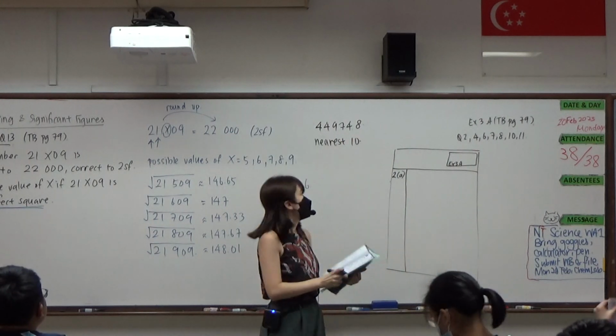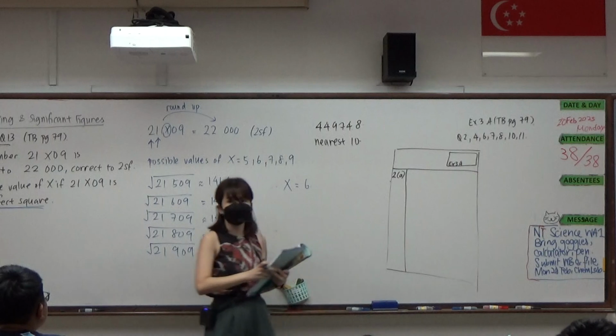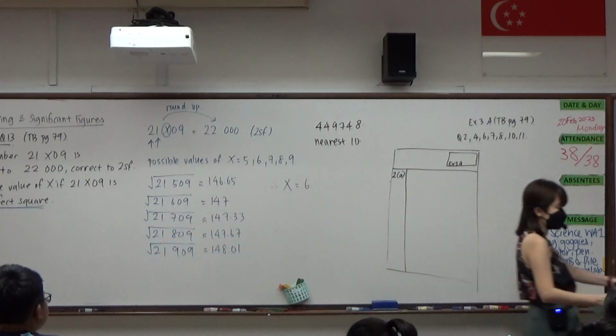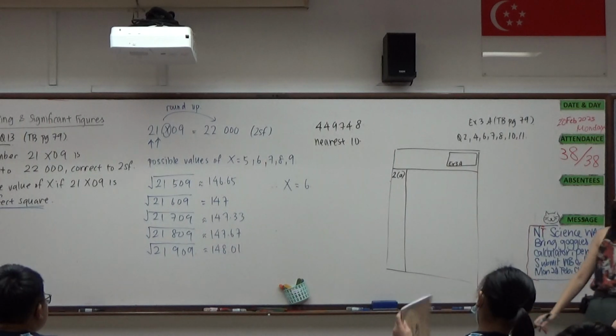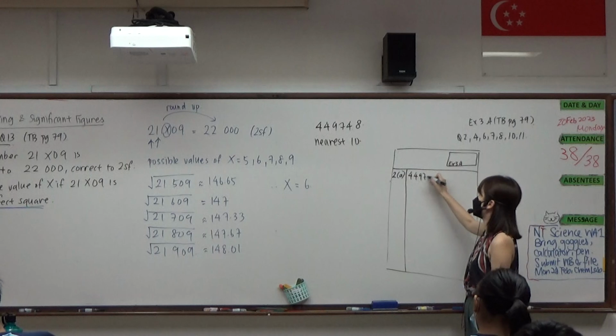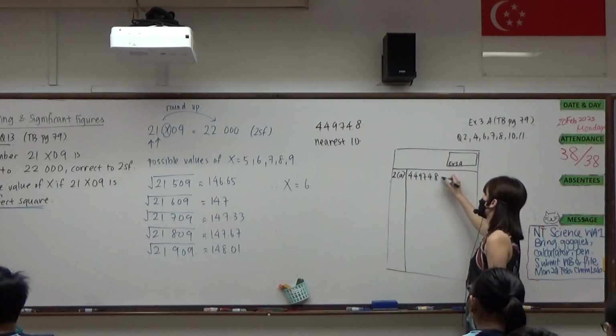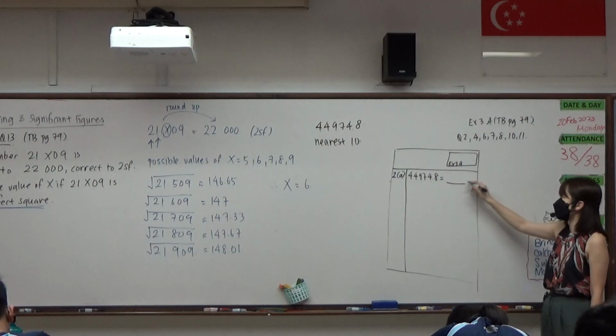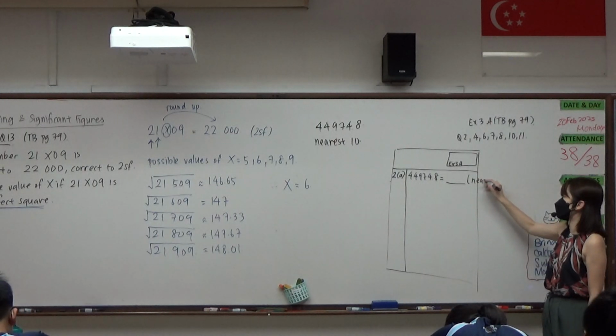The question says this, alright, I don't need you to write down the question in your homework. Okay, I need you to write the answer though. Okay, so we will write 44974.8, okay, equals to, what is your answer? And then you put in nearest 10.